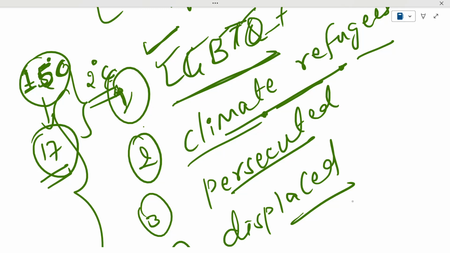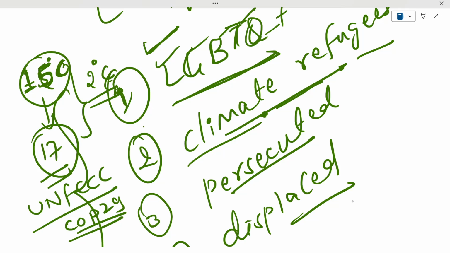But even after 29 or 30 sessions of the Conference of Parties of the United Nations Framework Convention on Climate Change, it means the climate talks have been going on for 30 years, 3 decades, we could not stop the Earth from breaching the temperature, and now we have crossed the temperature by 2 degrees centigrade, which we had already feared.